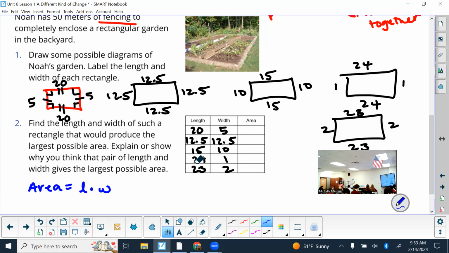You can use your calculator to multiply them together. Go ahead, fill in this column for the areas. And then try to identify the dimensions that give us the largest possible area. We might not have already picked the one that gives us the largest possible area, so try to see if there's another one you can do. But that's your task, fill in the area. Tell me which combination would give me the largest possible area.